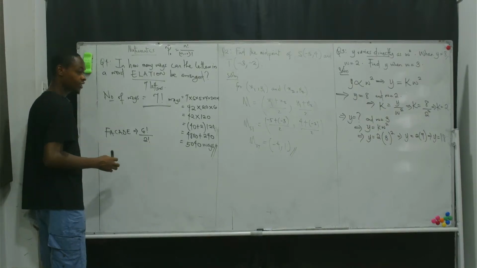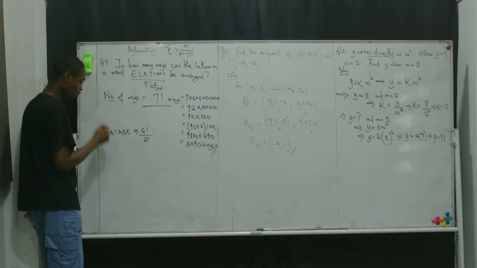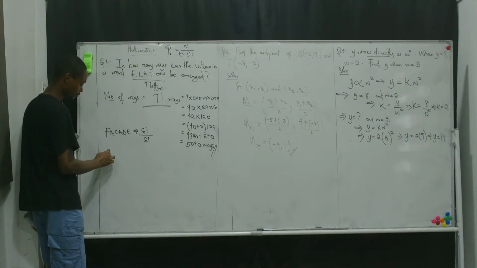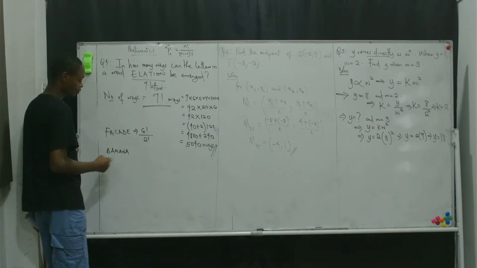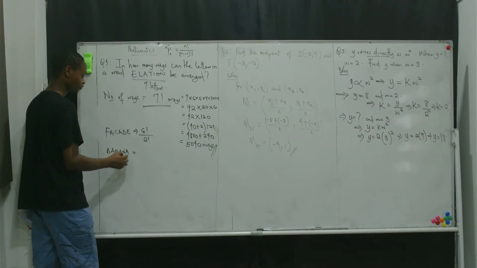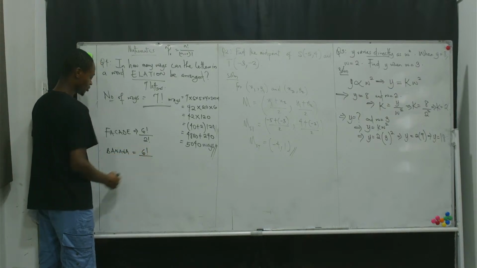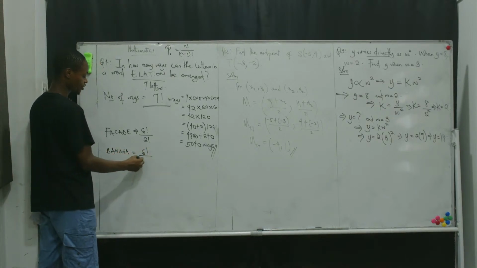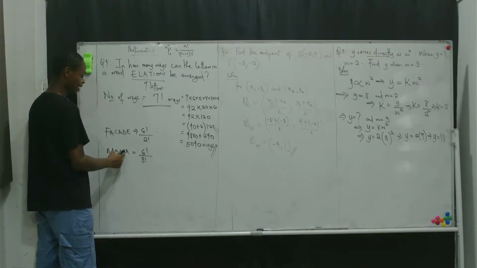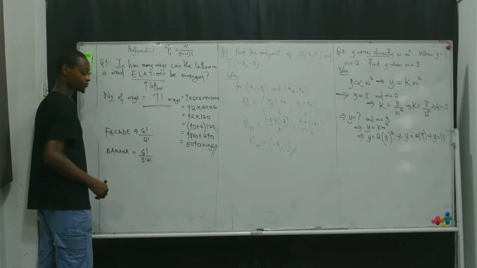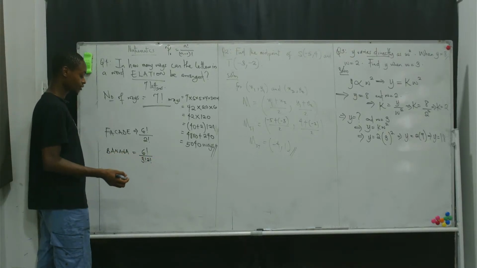For instance, if you have a word like banana. Now, in this case, you have yourself another six-lettered word, but now A occurs 3 times and then N occurs twice. So that's how you write it.